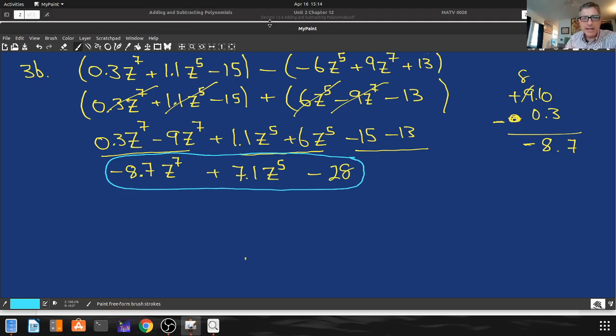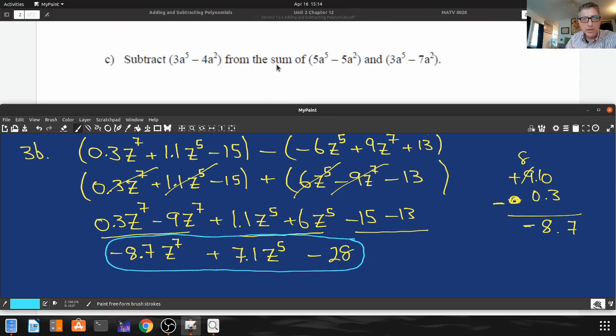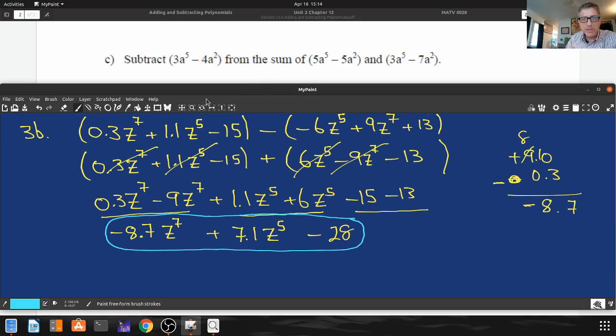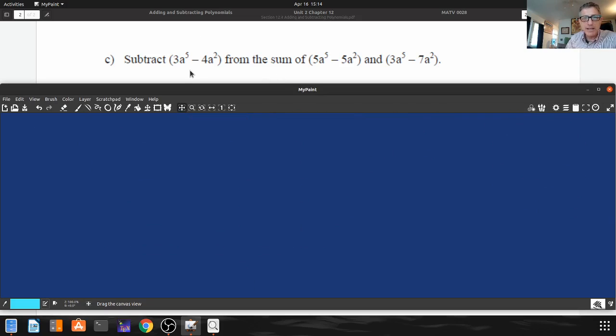And we have one last problem to do. So here, the only issue, and it's a common issue, is the meaning of subtract this from that. So let's just take subtract 7 from the sum of 10 and 4.